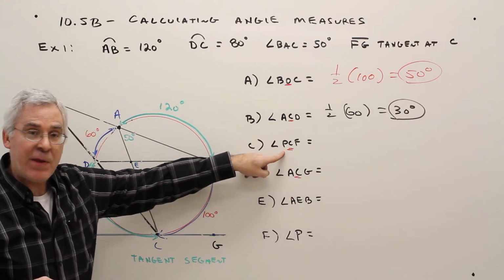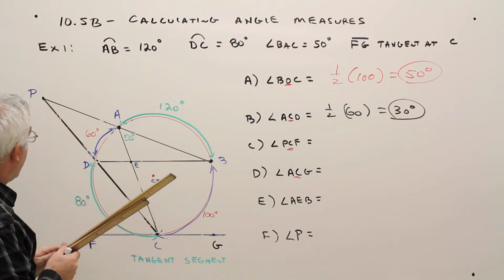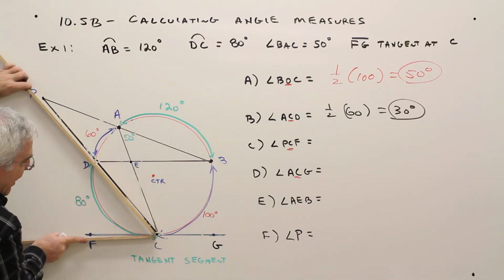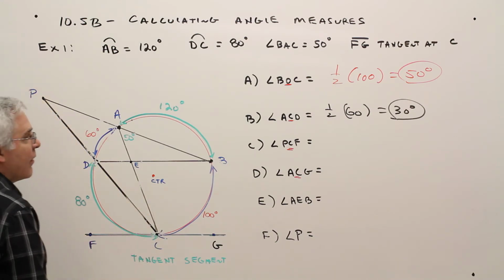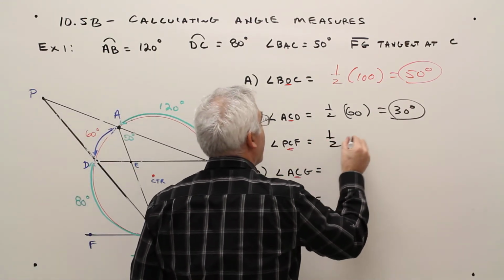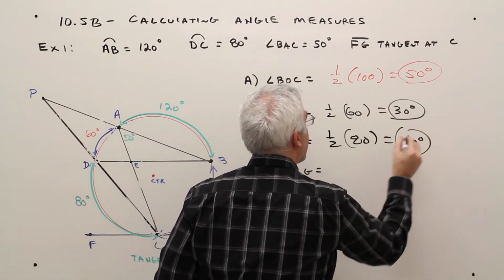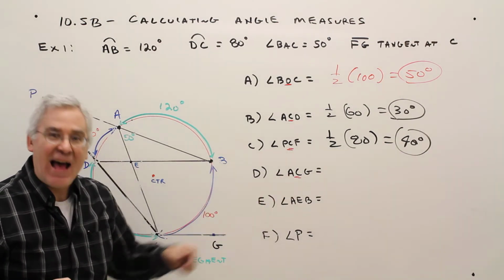Again, angle PCF, C is on the circle. So let's isolate PCF. PCF will be this angle. I can clearly see the intercepted arc is 80, so it'll be 1/2 of 80 equals 40 degrees. Again, the vertex is on the circle.